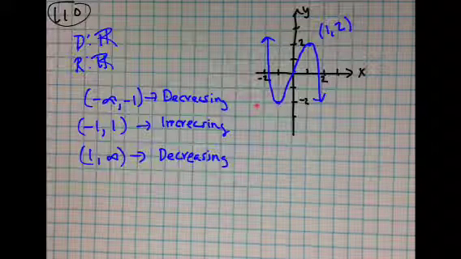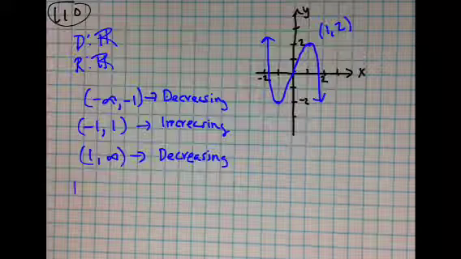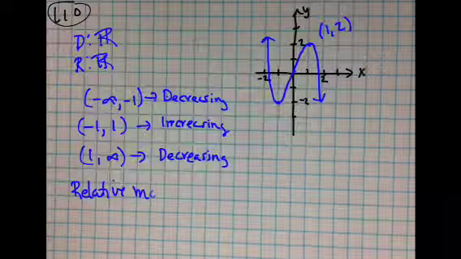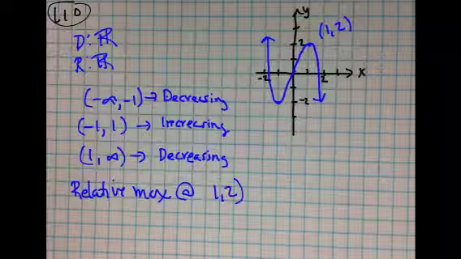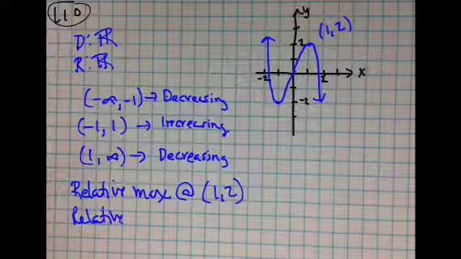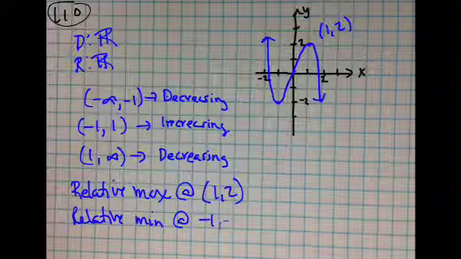If we're looking at this section right here, this would be a relative minimum. Okay, so relative max at 1, 2, and relative min at -1, -2.